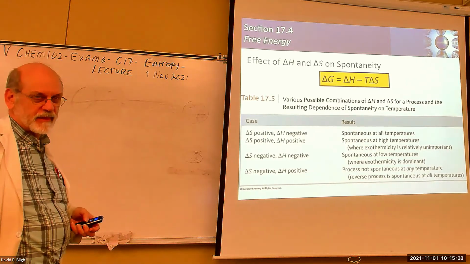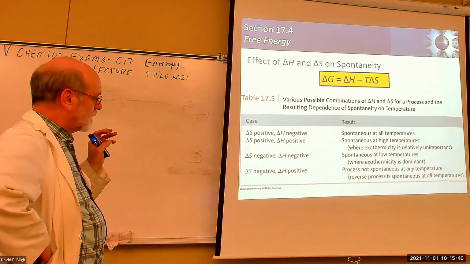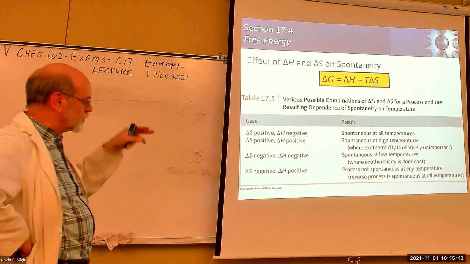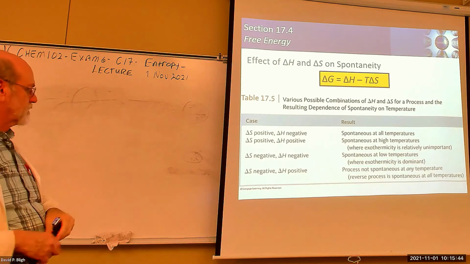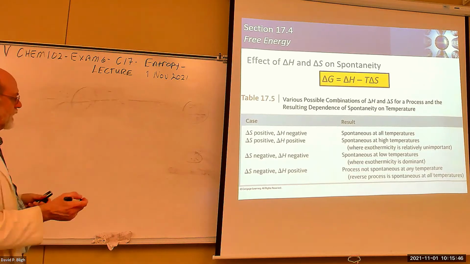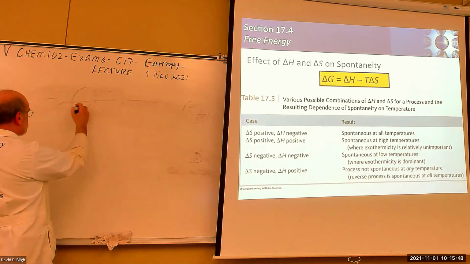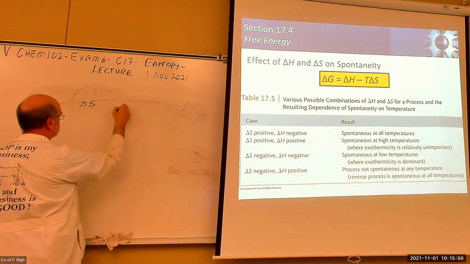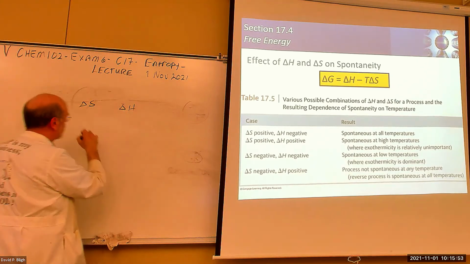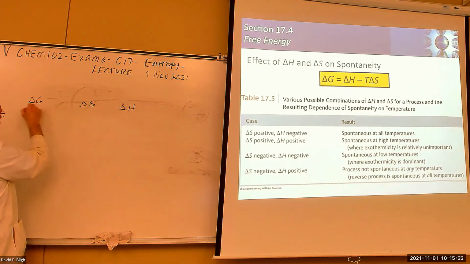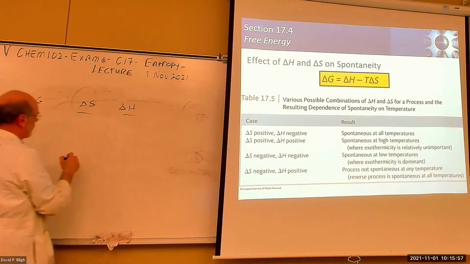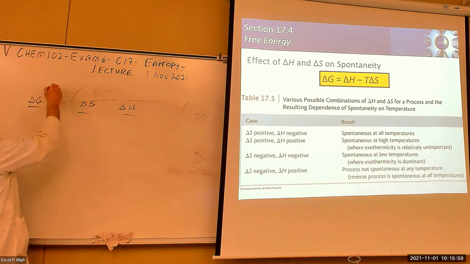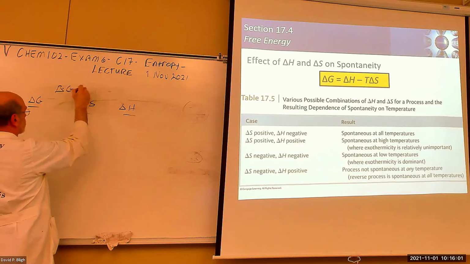Sometimes it's easier, if we're trying to think through this, to draw a picture. Say you've got delta S here, delta H here, and delta G here, and then write your expression here.